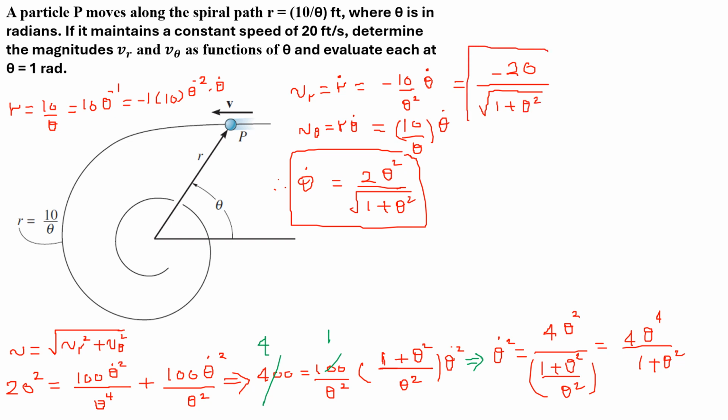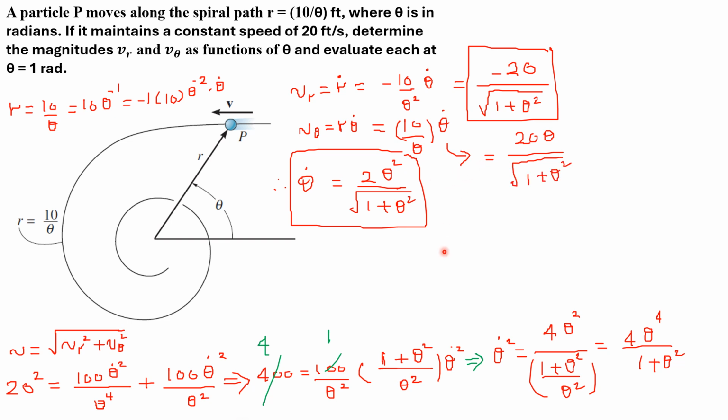Okay, so that's my Vr. And for V theta, I will have 10 times theta dot over theta. So it will be 20 theta, because here we have theta and here we have theta squared, so we have 20 theta over 1 plus theta square.